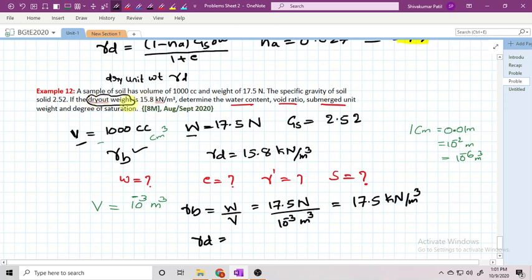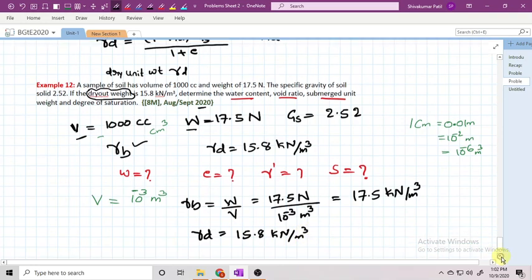It's not dry out weight, it's actually dry unit weight. Some typing error is there in this recent question paper. So gamma d is 15.8 kilonewton per meter cube.